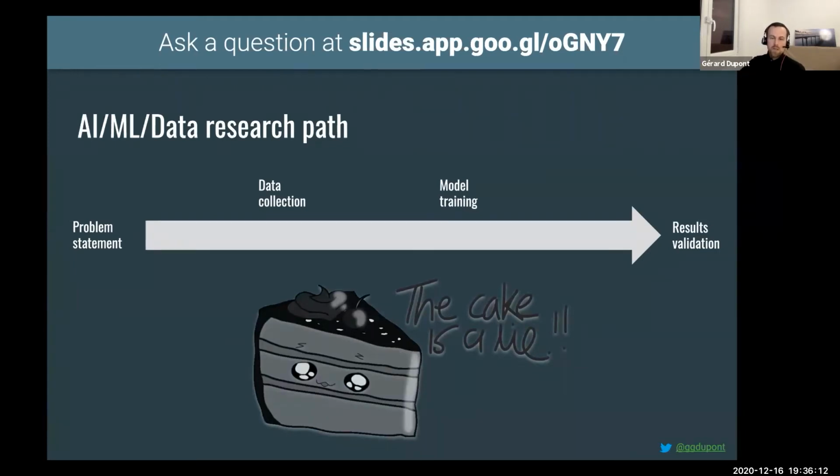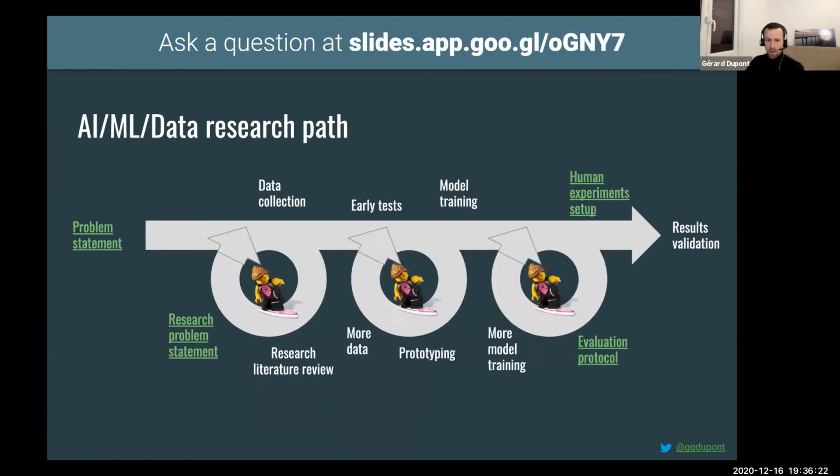Never think that this kind of project is straightforward, and that you can have an easy definition of the problem at the beginning and a clear view of the result, and especially of the timeline. For me, it's more like this, where you have these loops where it's difficult to foresee in advance how much time or how many rounds you will go through in these loops, but they are actually quite necessary.